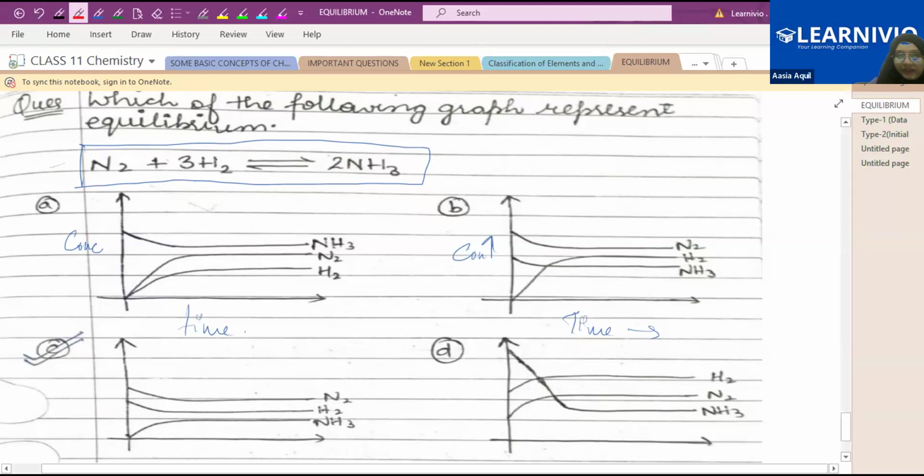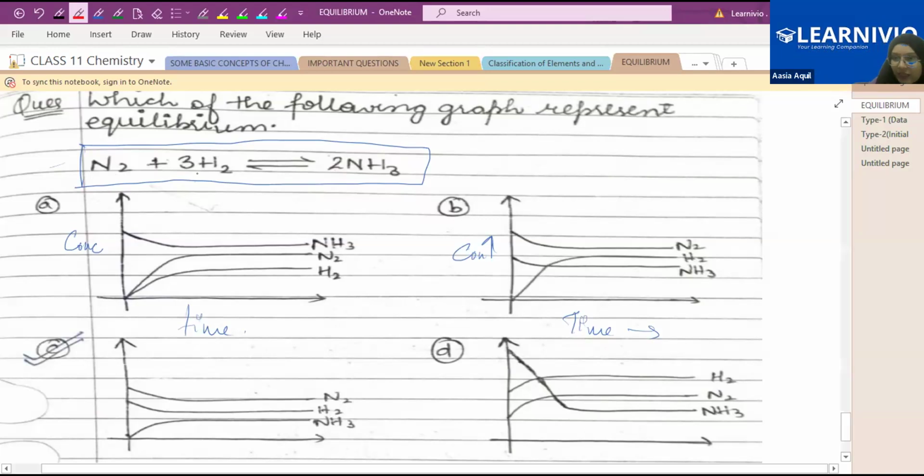Okay, let me explain it to you. What I said: the concentration of reactant will decrease and the concentration of product will increase. And after some time, the concentration of reactant as well as product becomes constant. So you have to check according to this equation.